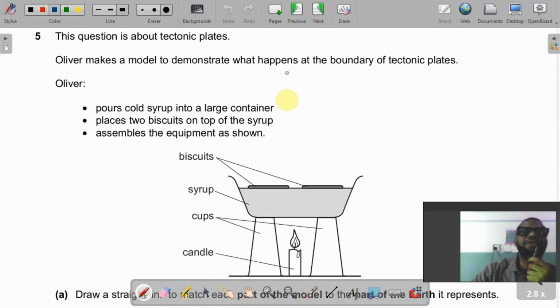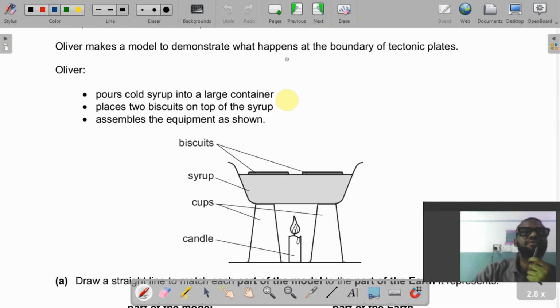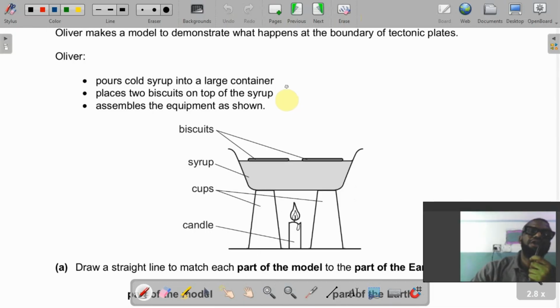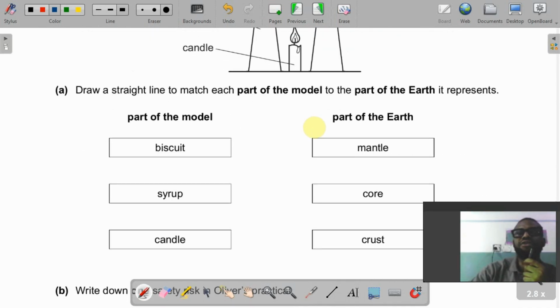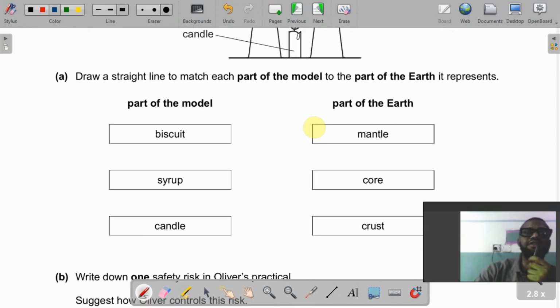This question is about tectonic plates. Oliver makes a model to demonstrate what happens at the boundary of tectonic plates. Oliver pours in hot syrup. This is the syrup, this is the candle, and this biscuit acts like a plate. Draw a straight line to match each part of the model to the part of the Earth it represents.